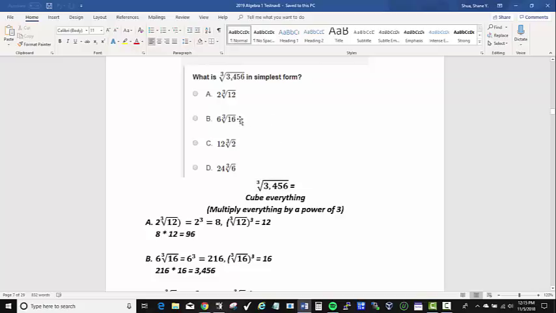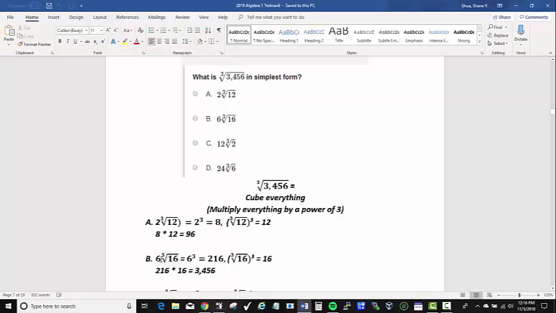So for example, starting with this 2, the cube root of 12. If I multiply 2 cubed, that's 8. The cube root of 12 cubed is just 12. 8 times 12 is 96. Again, if you want to find out which one of these will give it to you.